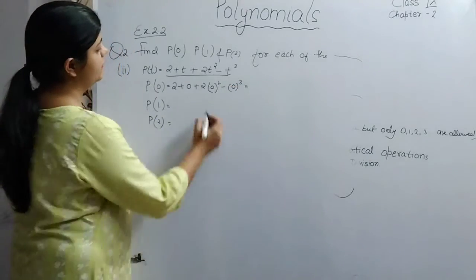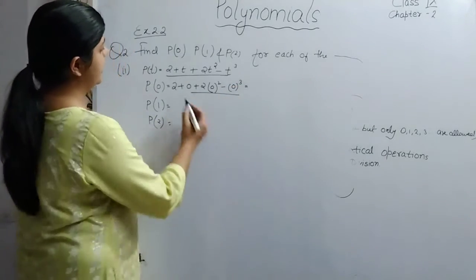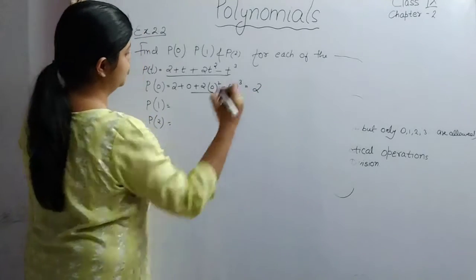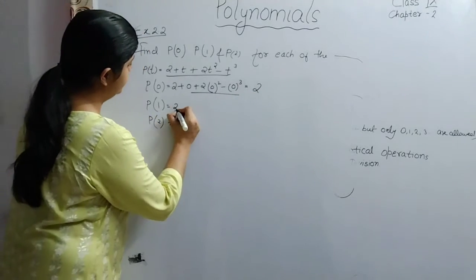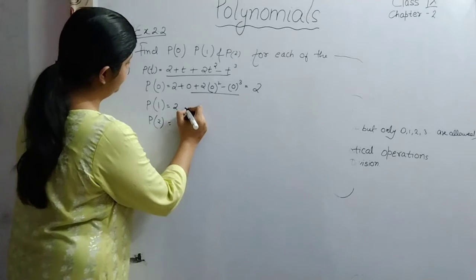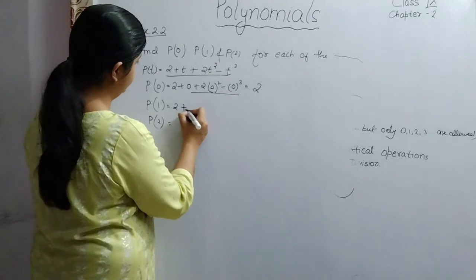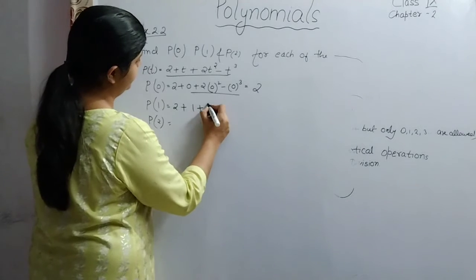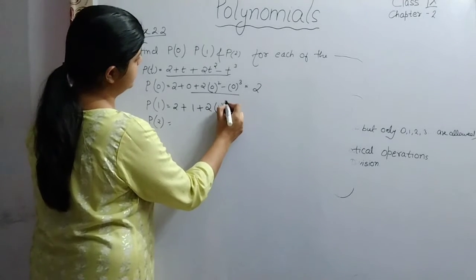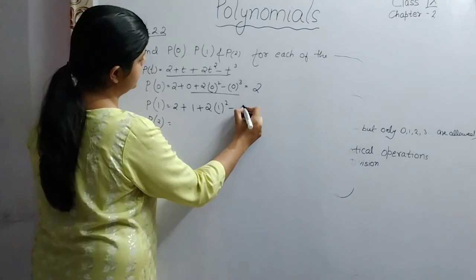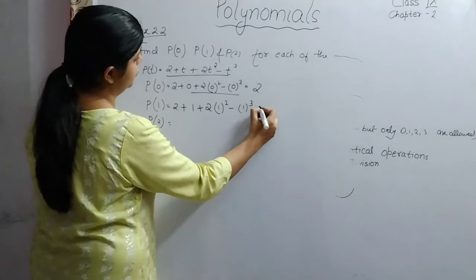After solving this, these terms become 0 and the value is 2. Here, second, the value of t is 1: 2 plus 1 plus 2 times 1 square minus 1 cube.